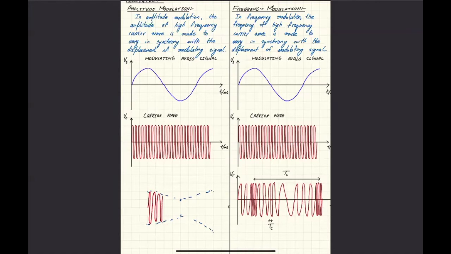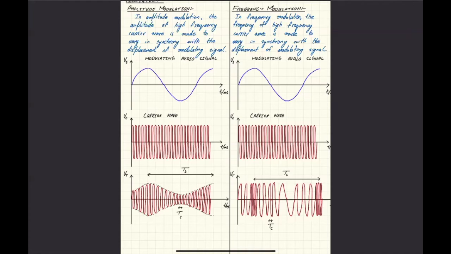My diagram is not very accurate, but in the exam when you're doing it, you are supposed to make it more accurate. And the other thing I want you to identify is that the examiner can give you this graph and ask you to reproduce these graphs. So with this graph, you can find out the time period and hence the frequency of both the carrier wave and the audio modulating signal, because the size of each small wave has remained unchanged. So if you read the time period of this one small wave, that would be the original time period of the carrier wave, because the frequency of the carrier wave hasn't changed.